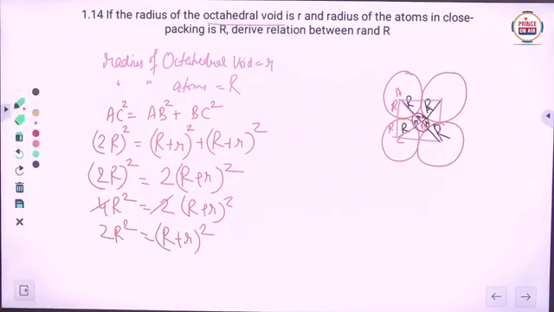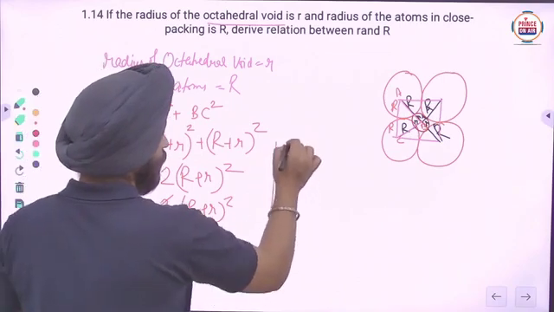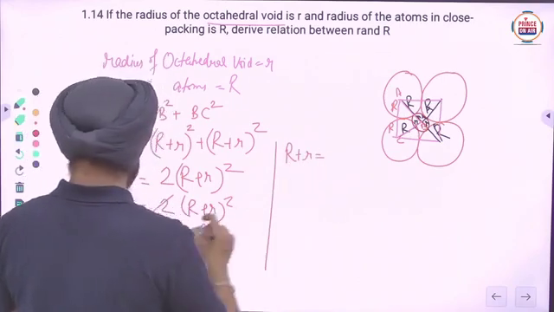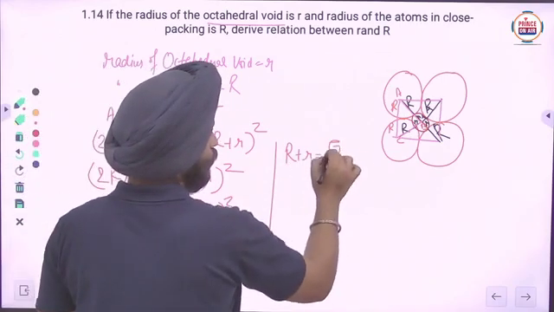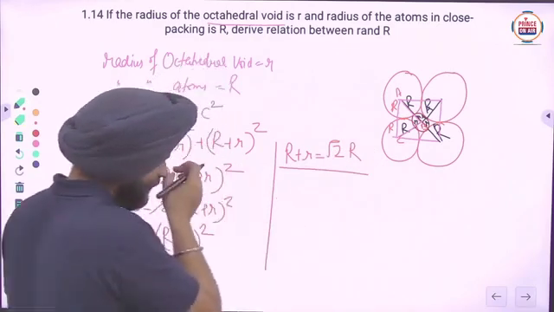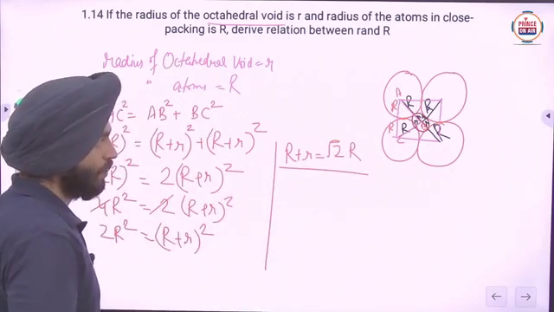Clear now? Is it clear now? So see that value here, and afterwards you will get the value of R plus r is equals to root 2 R. Clear?